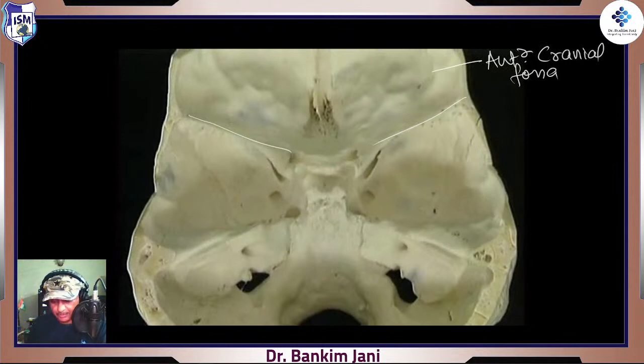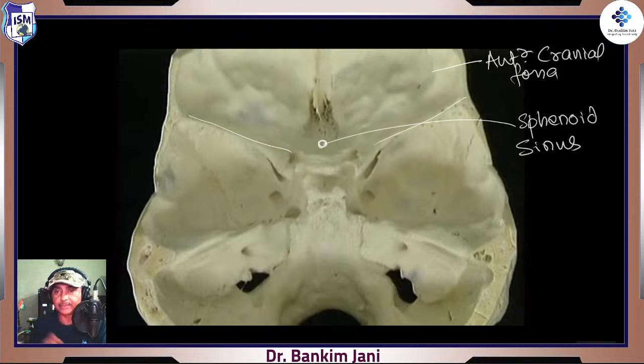But this portion, this, that is also sphenoid, right? This is a flat structure, and in fact, it is the location for sphenoid sinus. How are we really figuring out where exactly it is? Very simple.